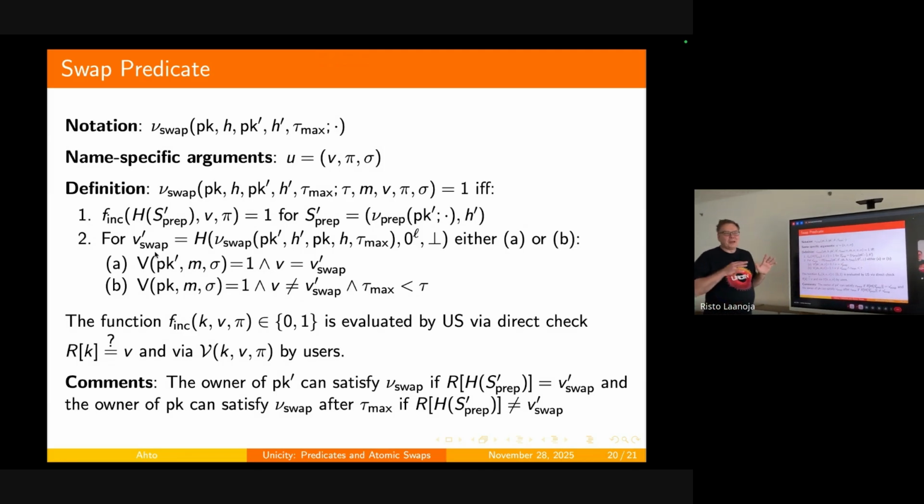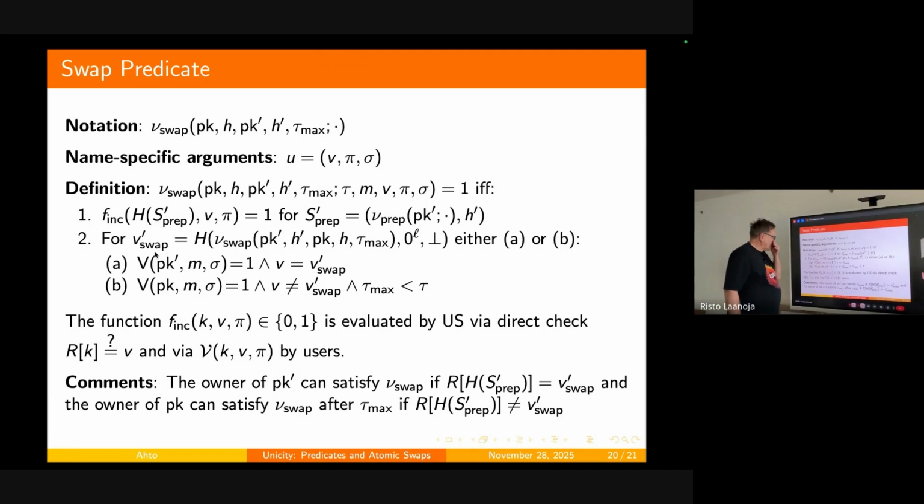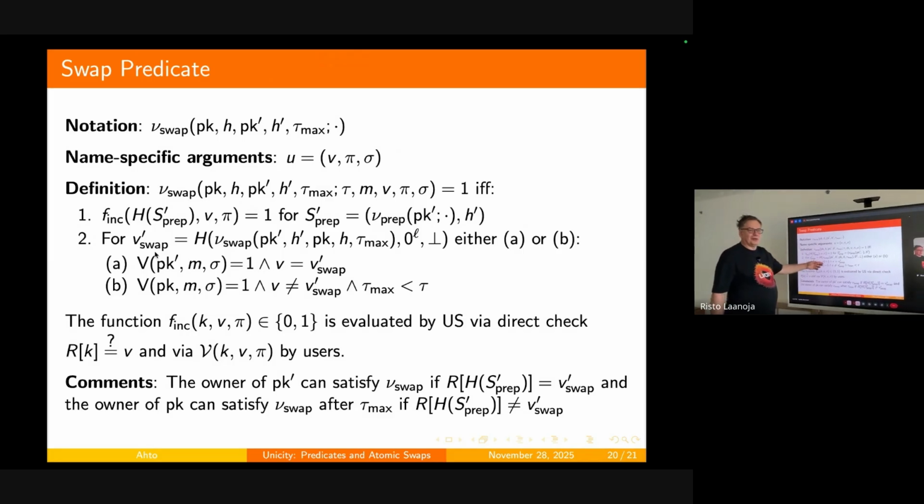This is the only type of information we can verify in the Unicity infrastructure based on the parameters we have. And the second way to satisfy it is that the signature verifies with the first public key, and something else was stored, or nothing was stored.